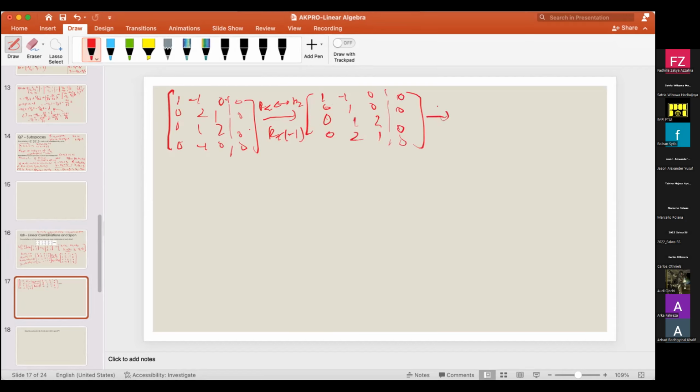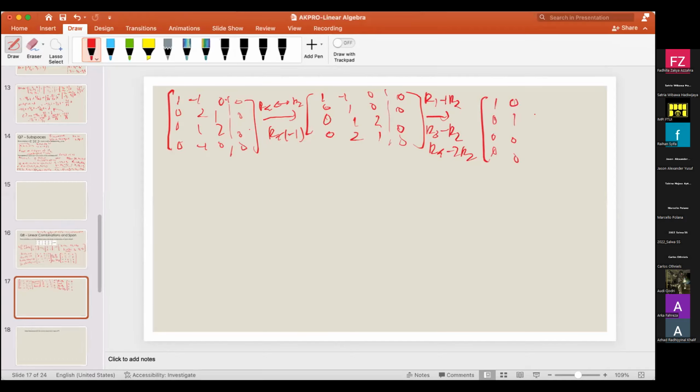So we have R1 plus R2, R3 minus R2, and R4 minus 2R2. So we're going to get 1, 0, 0, 0, then 0, 1, 0, 0.